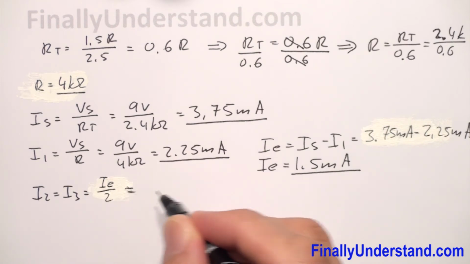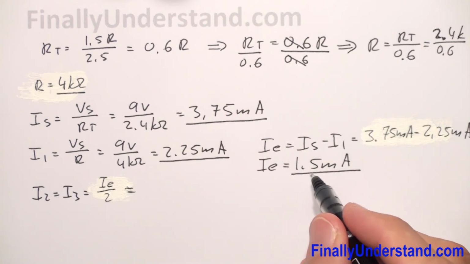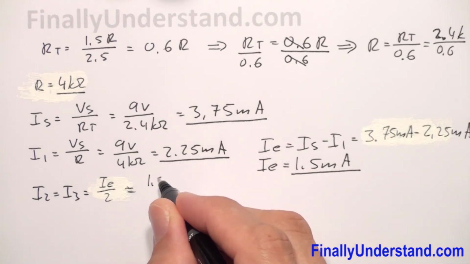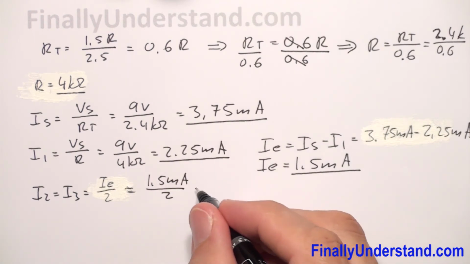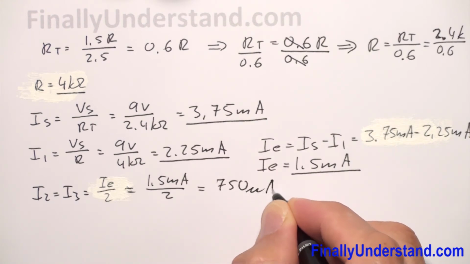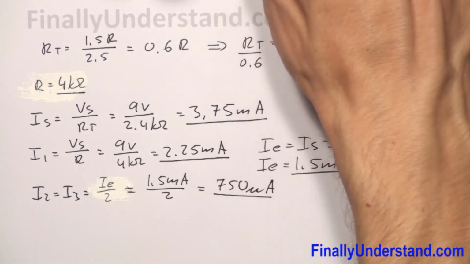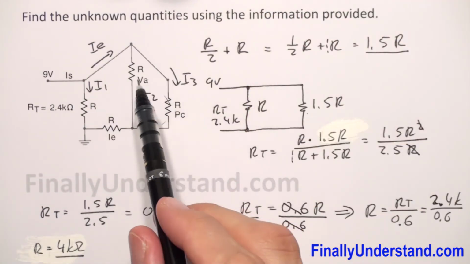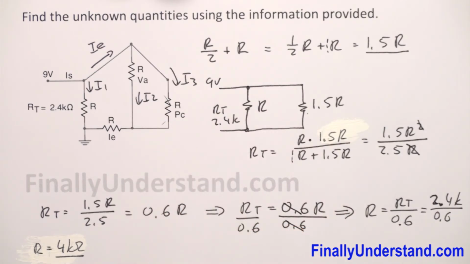We found that IE is equal to 1.5 milliamps, divided by 2 is equal to 750 microamps. So this is the value of the current which will go through the resistor over here and the resistor over here. These two resistors are going to carry 750 microamps.